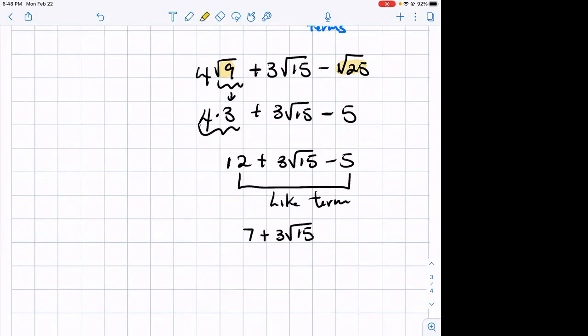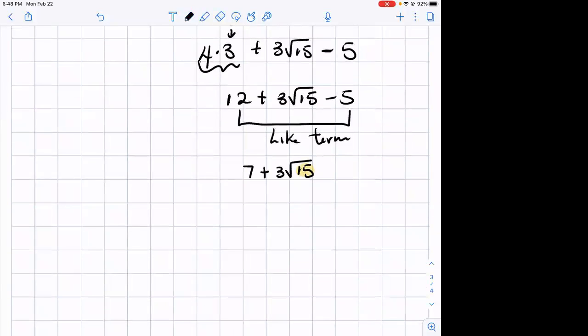And always check, can you simplify that radicand? Since we cannot, the final answer is 7 plus 3 root 15. Now be careful not to add the 7 and the 3, because there is no root next to the 7. It has to be a square root, and it has to be like terms. So these are not like terms.